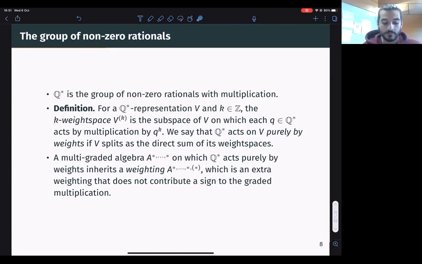That puts a weighting on this algebra that is multiplicative. So there is an extra grading that I'll call the weighting. I put it in brackets just to remember that it does not contribute to graded commutativity, does not contribute a sign. Okay, cool. We'll see this appearing in a second.